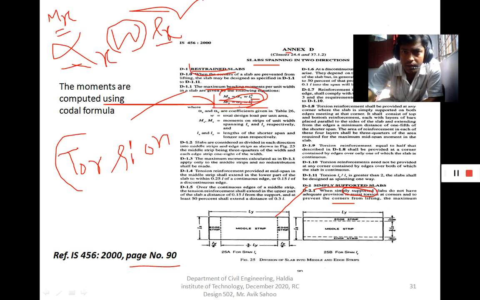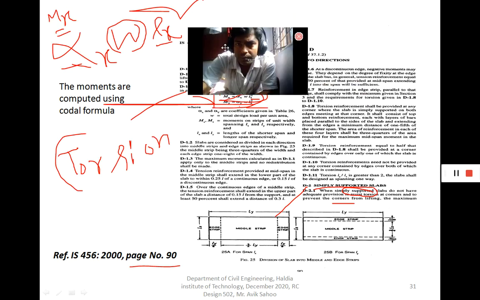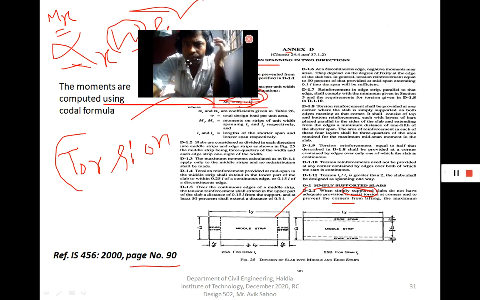As per the code, for corner 1, torsional reinforcement shall be provided at any corner where the slab is simply supported on both edges meeting at the corner. So this is a corner type 1.